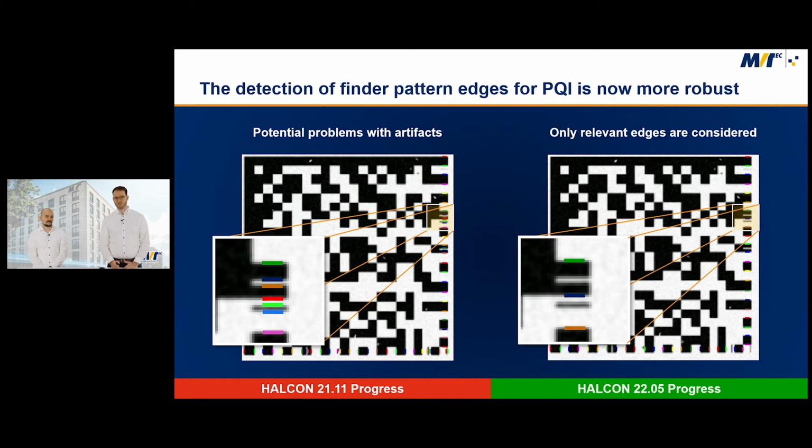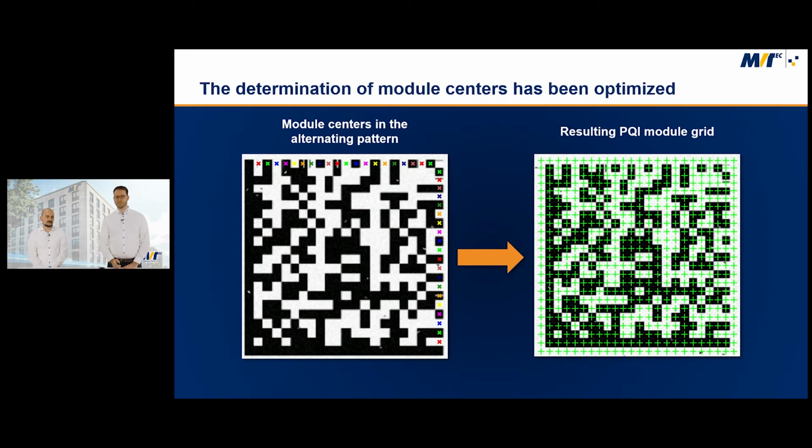And this makes, of course, the detection of the finder pattern much more robust. And in the same vein, the detection of the module centers in the finder pattern is improved, and this, of course, results in a much more robust and accurate PQI module grid, which is also important for the grading.